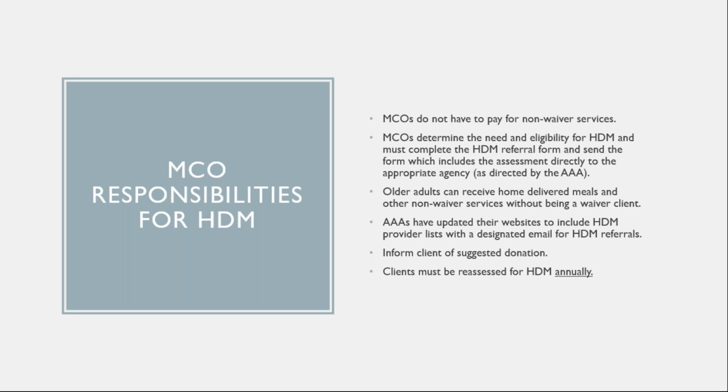So you can check as many reasons as apply. For example, is the client homebound, permanently disabled, temporarily disabled? Is this for respite? Is this for a meal for a spouse or disabled adult living in the home of an eligible client, or other? So we'll give you an opportunity to explain any other circumstances that you feel are appropriate for home delivered meals.